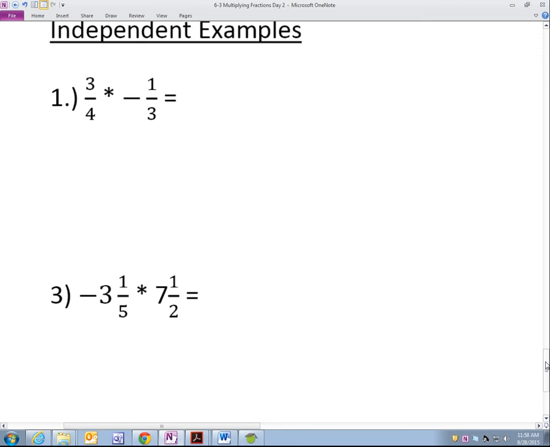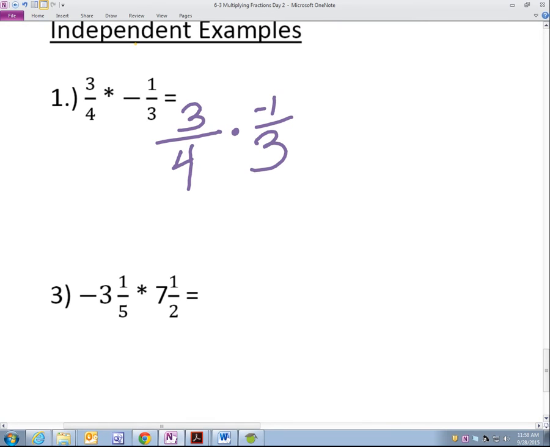Is there anything in here that can be reduced? Yeah. You can reduce the 3 in the numerator and the denominator 3. Good. I'm going to go ahead and rewrite it nice and big so you guys can see what's happening.